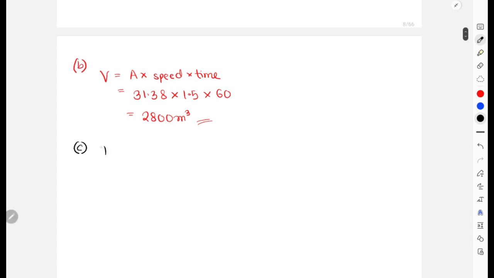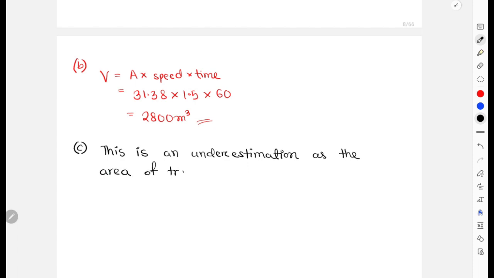For part C, this is an underestimate as the area of the trapezia is smaller than the cross-sectional area, sorry.